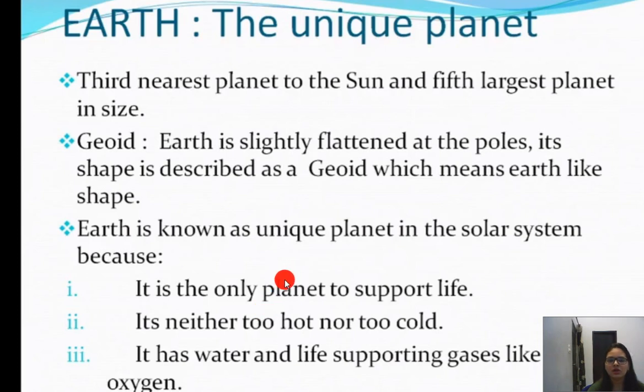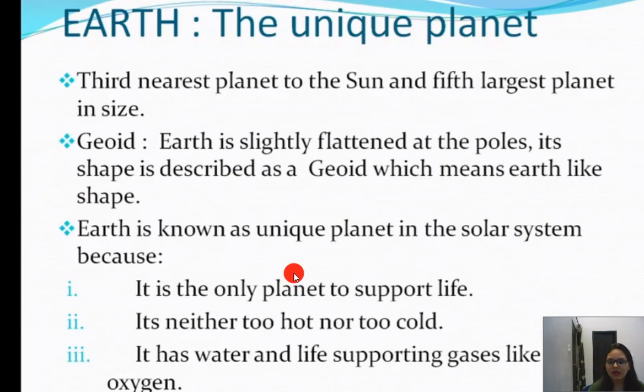It's neither too hot nor too cold. It has water and air, which has life supporting gases like oxygen, so that life is possible here. That is why the Earth is called unique planet.